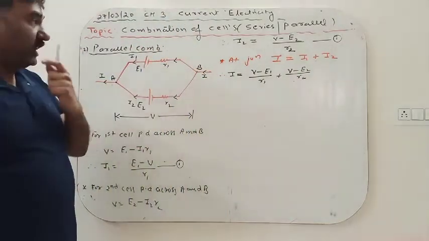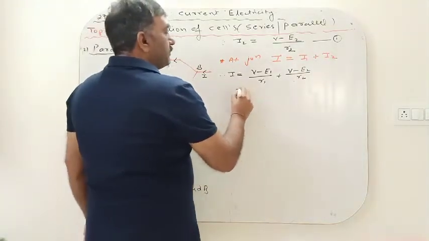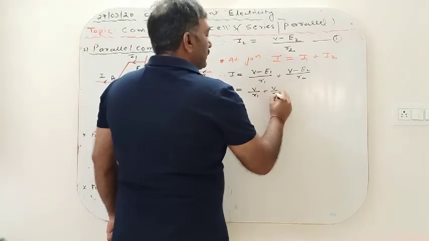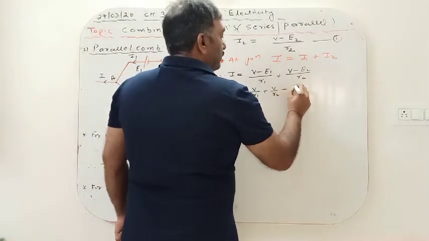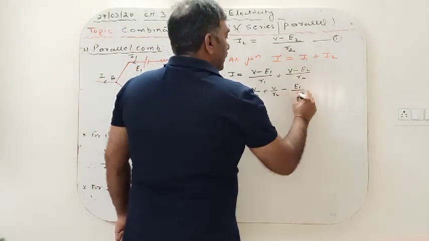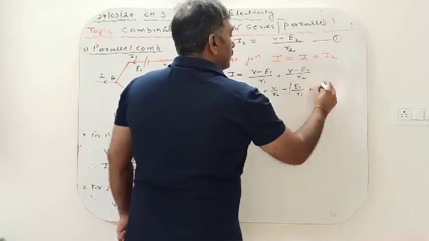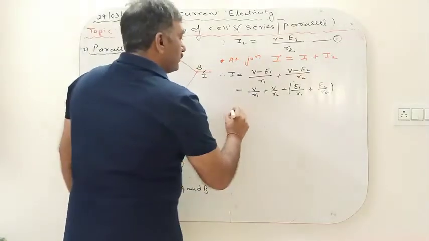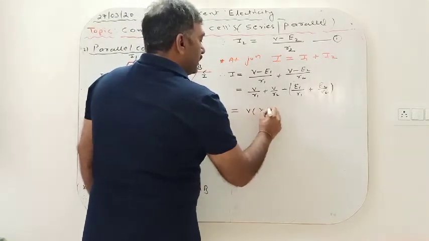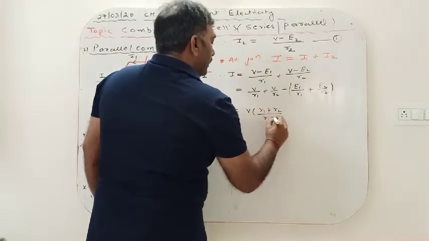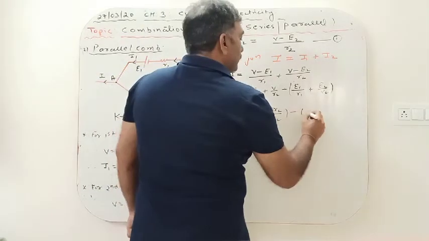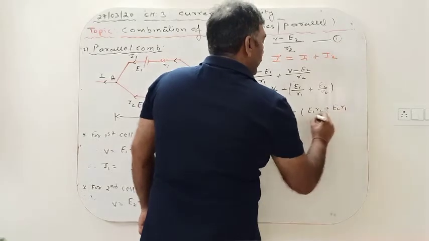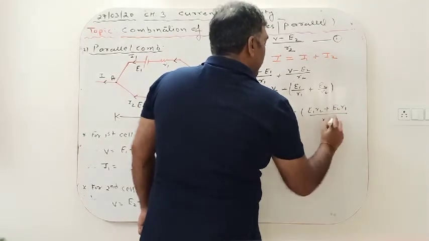Simply substituting the value, now simplify the equation. V by R1 plus V by R2, negative sign common, E1 upon R1 plus E2 upon R2. Now take the LCM. V common, R1 plus R2 upon R1 R2, and E1 R2 plus E2 R1 upon R1 R2.